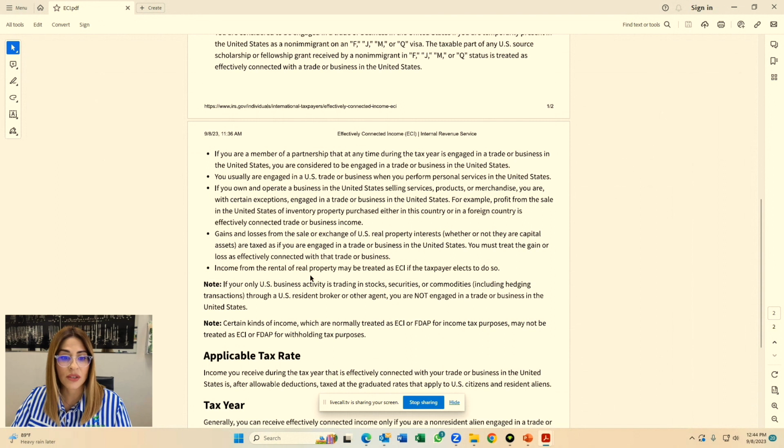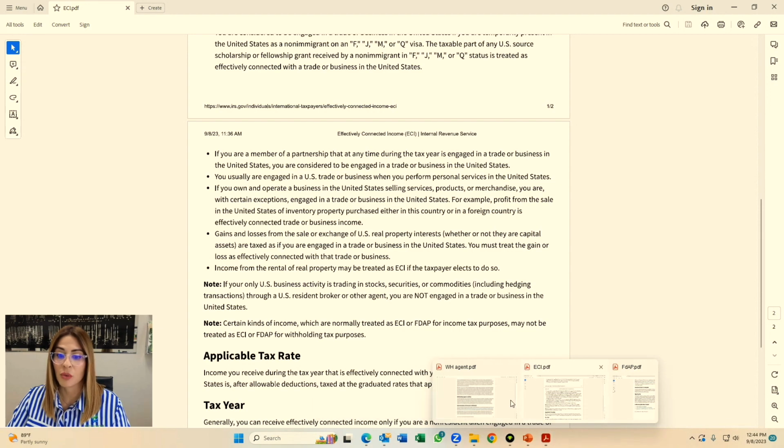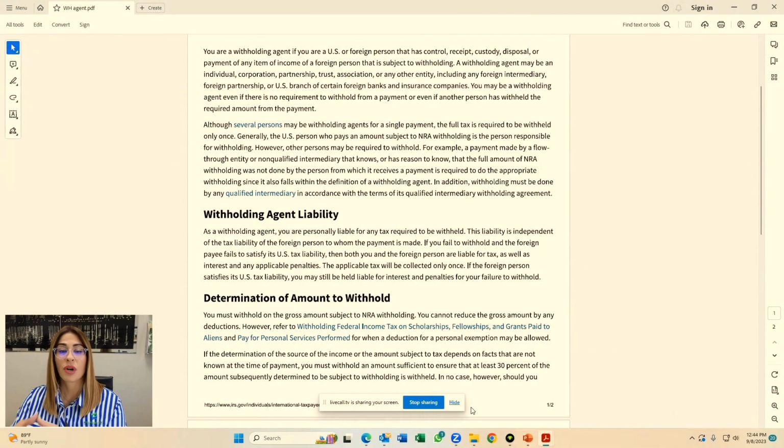Income from the rental of real property may be treated as ECI if the taxpayer elects to do so. A lot of people just assume that you can deduct it and have it be considered ECI. Most people don't even know what ECI means, but this is something that you must elect to do. And I find this is something that property managers don't know. Property managers are supposed to be withholding agents if they're paying rent to a non-resident alien.